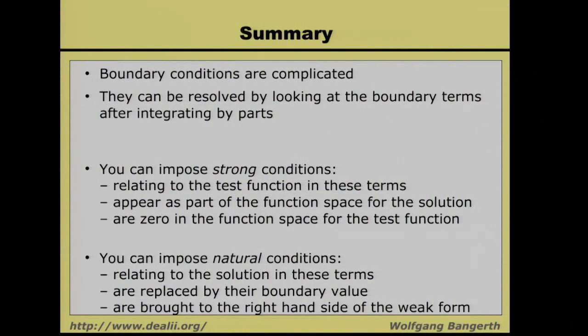So to sum this up, boundary conditions are a little bit complicated because there are so many different variations of what you can impose. You can impose the value, the derivative, some mixture of those. You can impose normal components of the boundary values and so on and so forth. In almost all of the cases, you can resolve these sort of questions if you go through the process of multiplying by test function, integrating by parts, and then seeing what the corresponding term is that comes out.